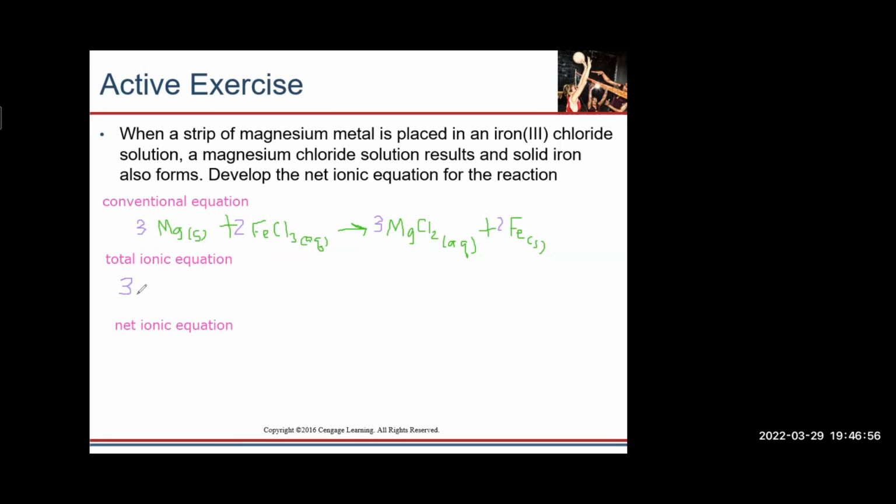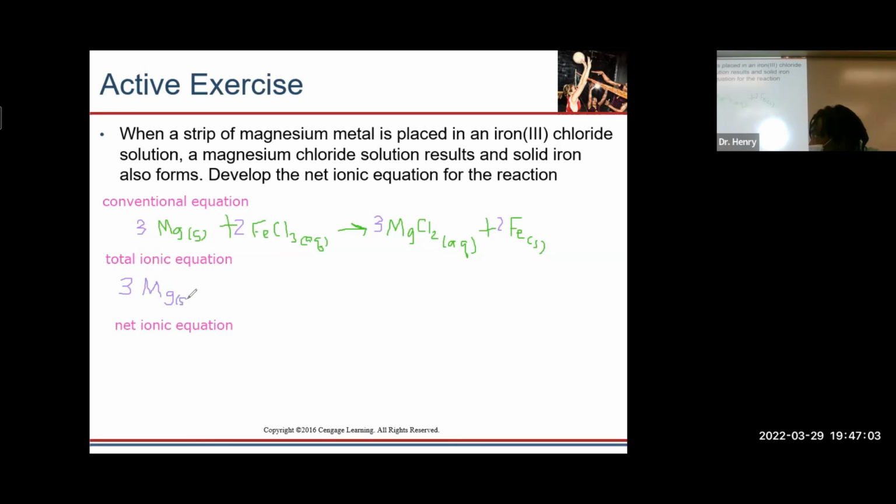So we're going to put 3 Mg, and it's a solid. What about our iron 3 chloride? It has a charge of +3, so I have a coefficient of 2. That's right. And then I have a +3 charge, and we put aq.